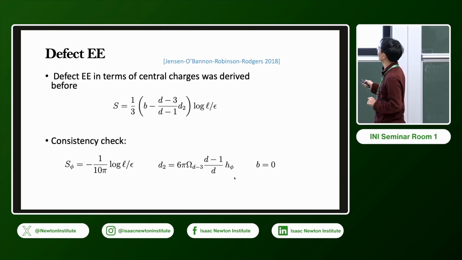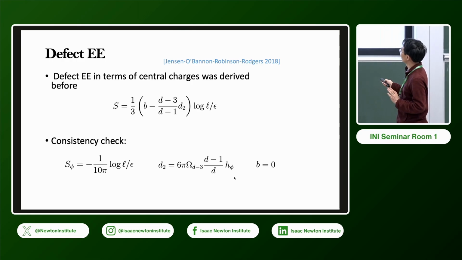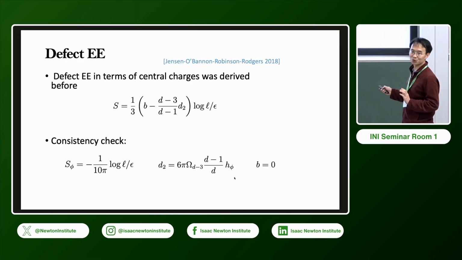Observe this formula: it is some b over 3 shifted by some d2, with some coefficient. So we still think that in this case with supersymmetry, it should be shifted by something proportional to d2 for the b over 3. Then you can just try to fit with the data. If you have the holographic data, for example, then you can determine the coefficient.